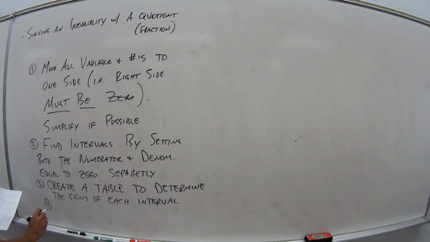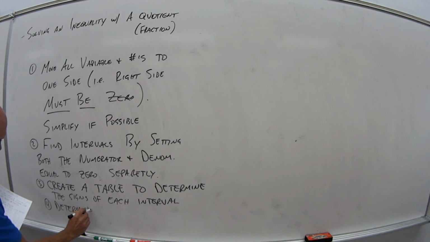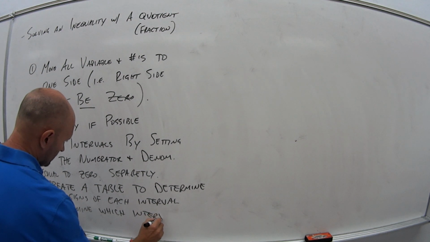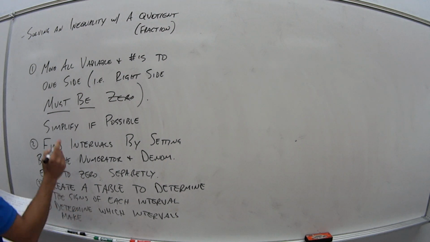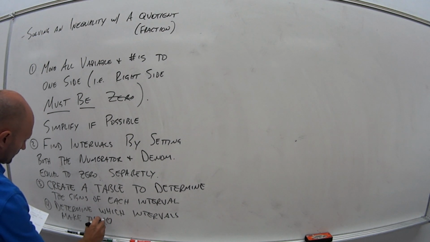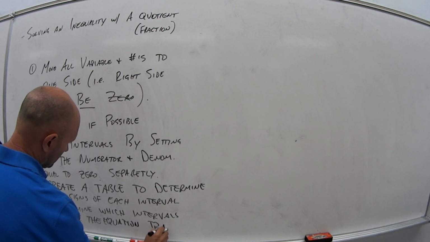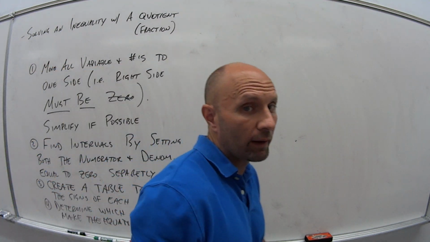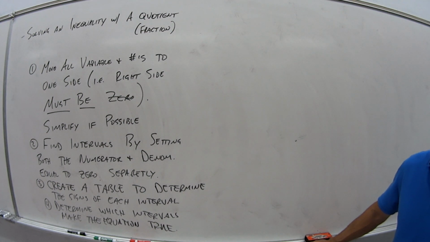And then step 4, determine which intervals make the equation that we created in step 1 true. So again, go ahead and write this down. I would absolutely put this on your cheat sheet. And then we'll look at an example.